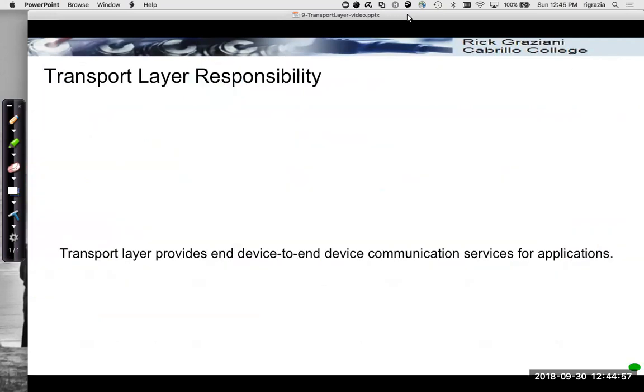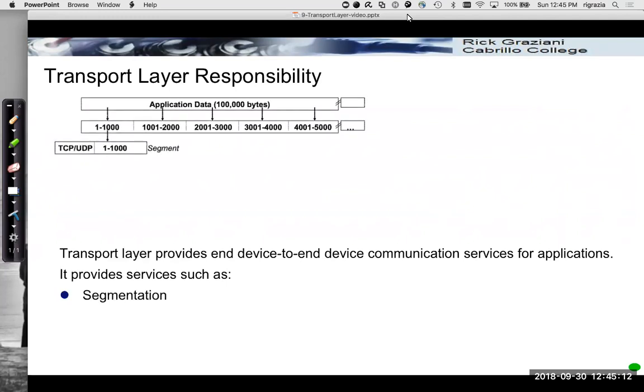The transport layer, as I've mentioned, provides end device to end device communication services for the applications. This is going to make more sense as you go through these videos. It provides services such as segmentation, and we have a video on this later on: taking the original stream of information, the bulk of data that needs to be transferred, and dividing it up into segments.